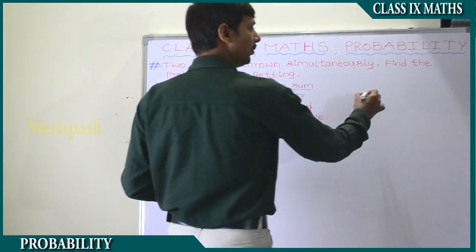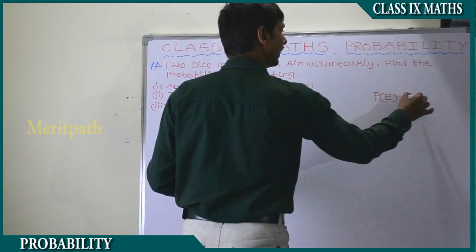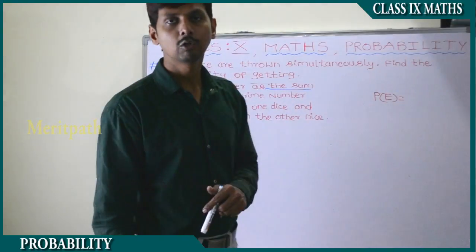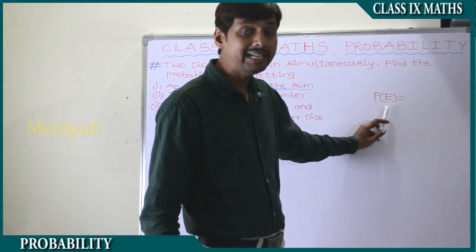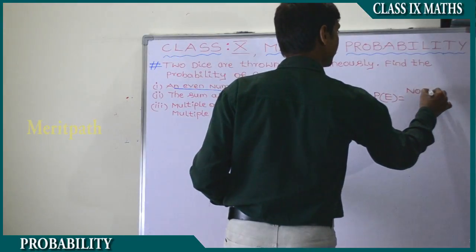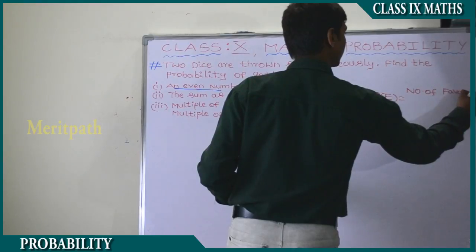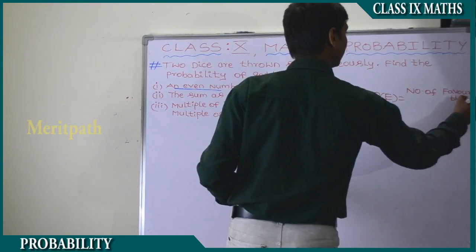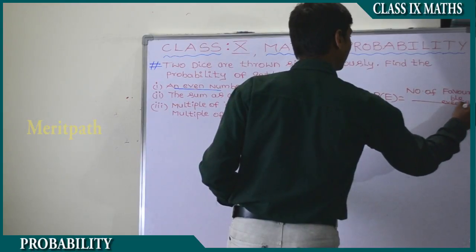The probability of an event, as we discussed in the previous class, is the number of favorable events divided by the total number of events.